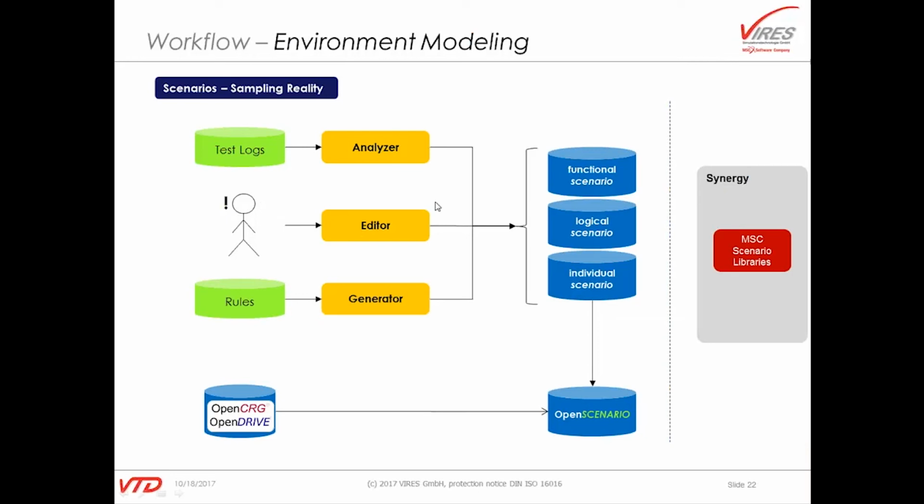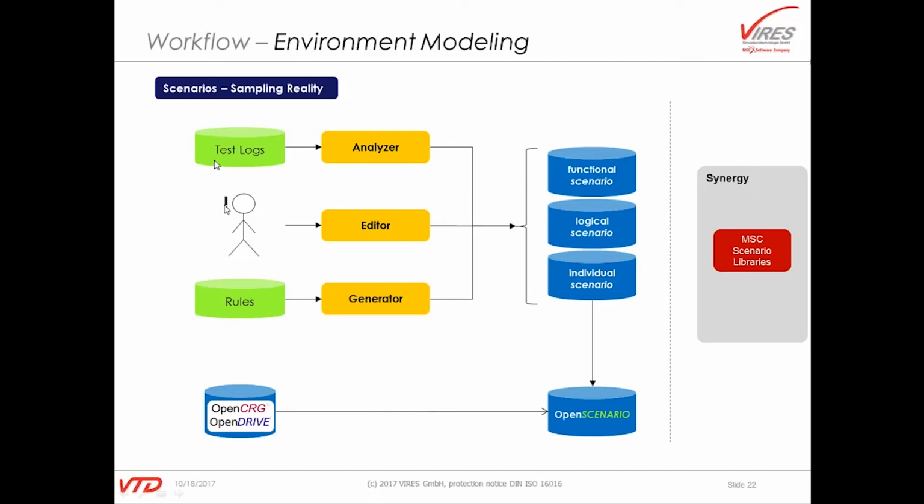And the question is, how do you get to this format? There's one way, of course, that you edit scenes with our editor, which I will show a little bit later on. So you can populate a road network with players, and you can assign actions to these players. This is one way.